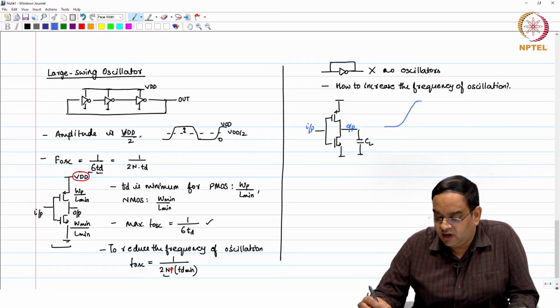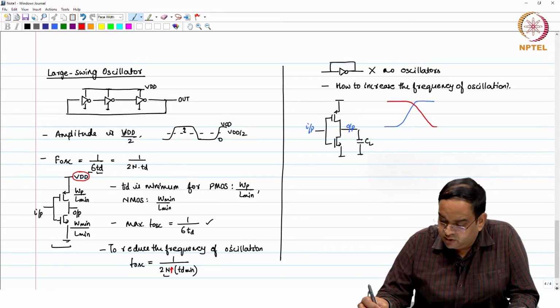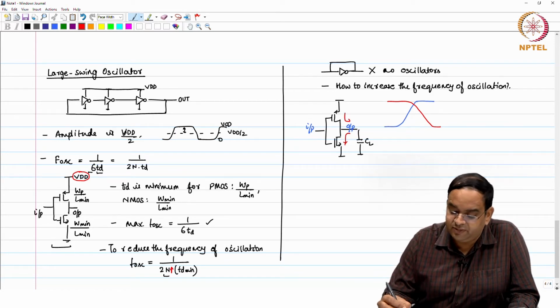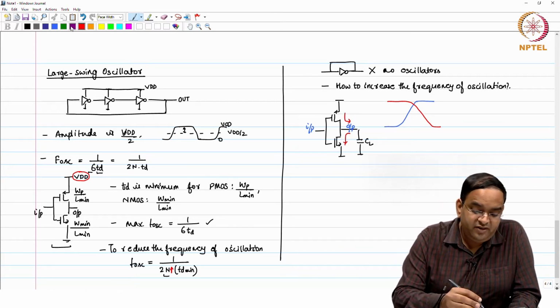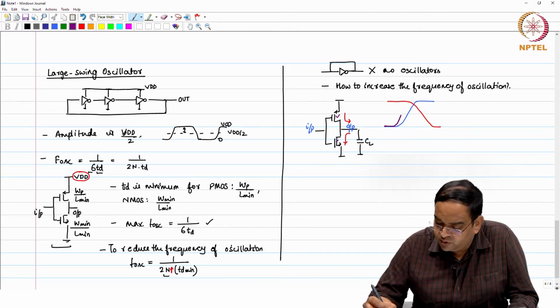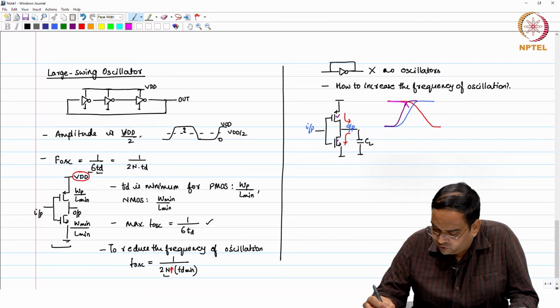If somehow I increase the strength of the transistor which is charging or discharging the capacitor, it means I am increasing the strength of the MOSFET which charges the capacitor. So maybe this changes to something like this, and similarly discharging also happens faster.